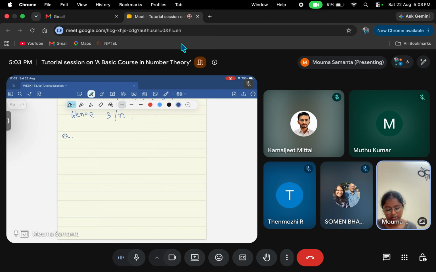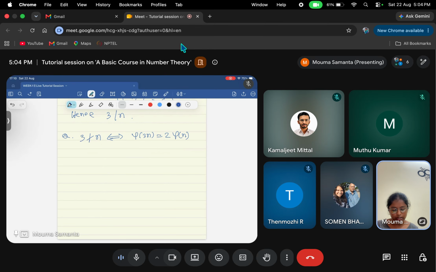Okay, so this is the question. So 3 does not divide n. This is equivalent to, say, can you tell this one? Phi of 3n equals to 2 phi n. Can you show this one?